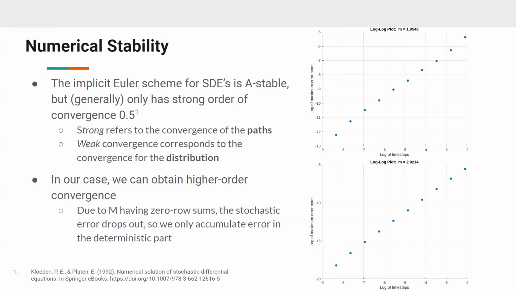They can be 0. And so essentially, the stochastic error in the implicit Euler simulation actually drops out, and we only accumulate error in the deterministic term. That leads to convergence of order 1 when the rescaling term theta depends on the positions, and order of convergence 2 when we have a rescaling term that is constant, right?